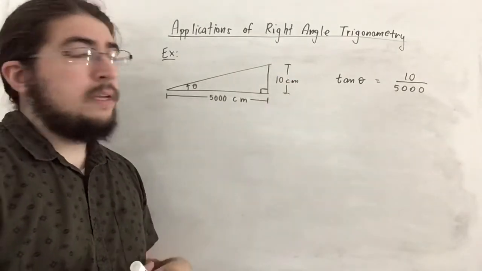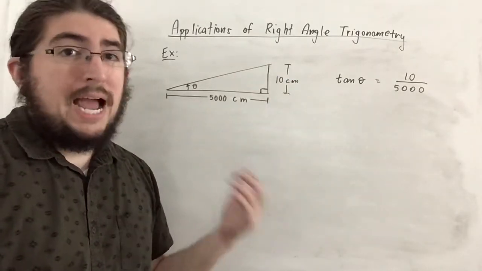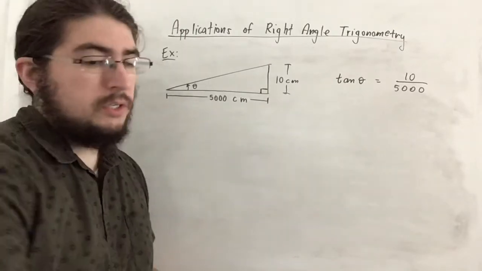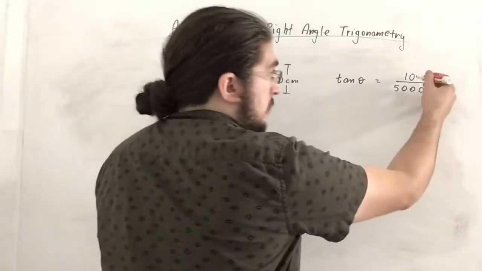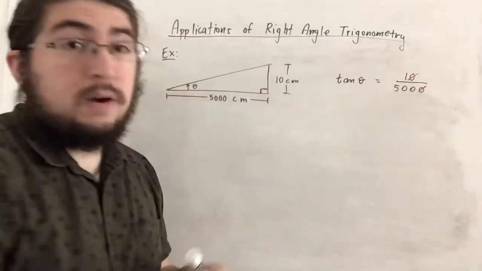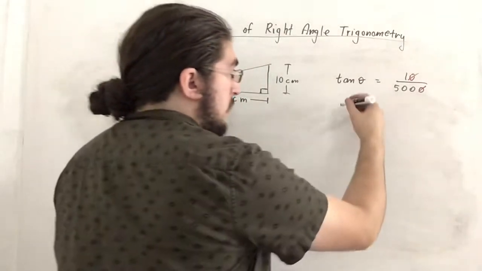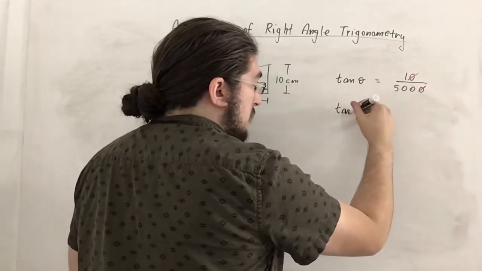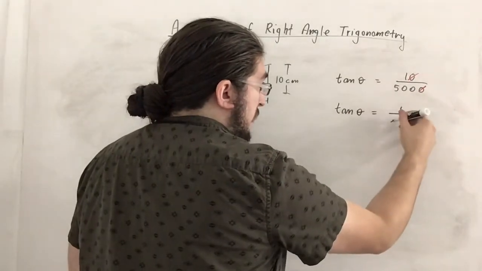This would be 50, and 1/10 over 50 still reduces to what this reduces to, which you can tell just by canceling the 0 on the top and bottom. It's 1 over 500.